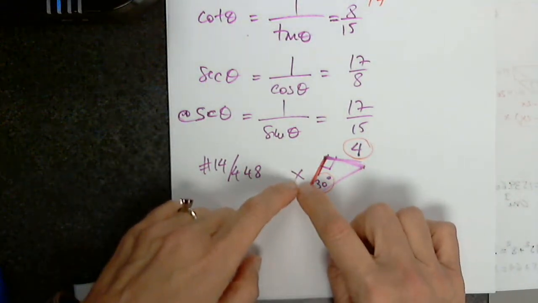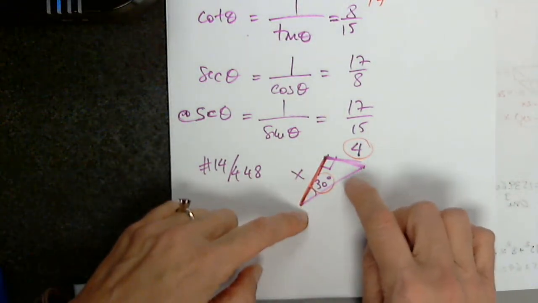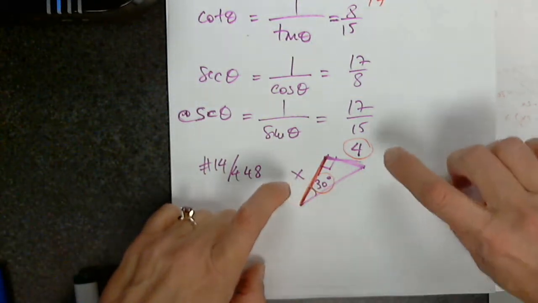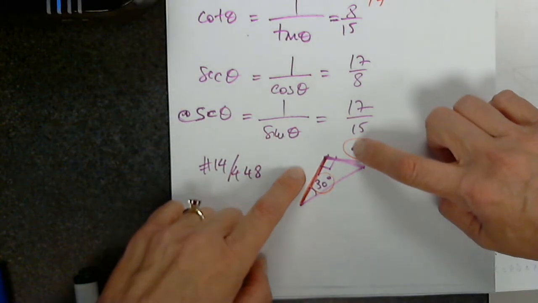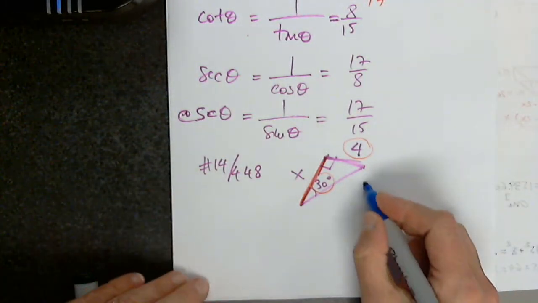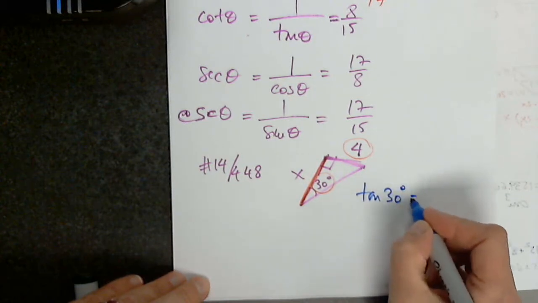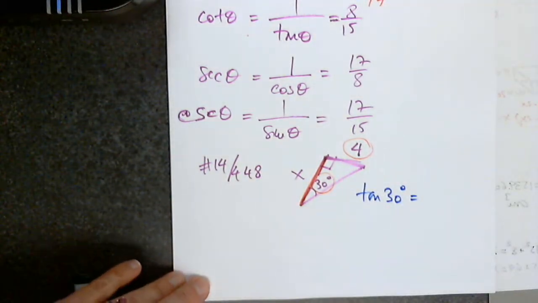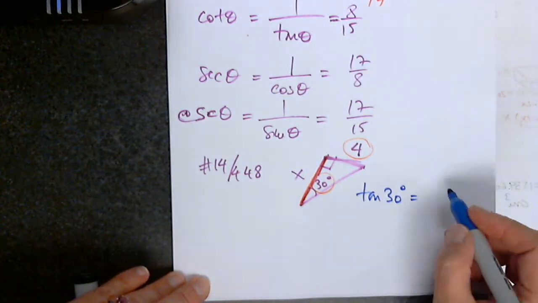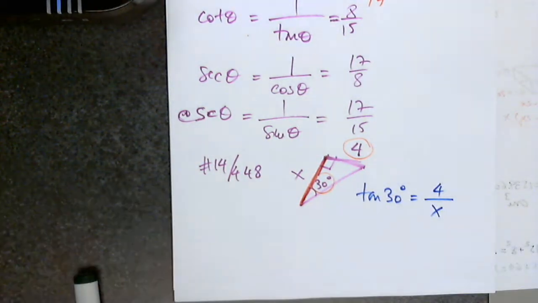Since I don't have this one, I also don't have the hypotenuse. So I need a trig function that will involve this leg and this leg. Of course, absolutely. So tangent 30 degrees equals 4 over x, indeed, opposite leg over the adjacent leg.